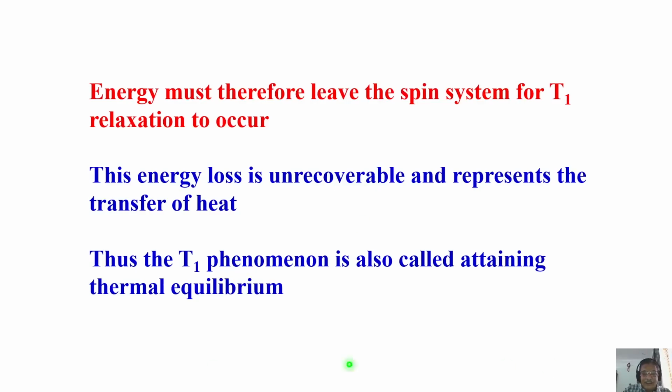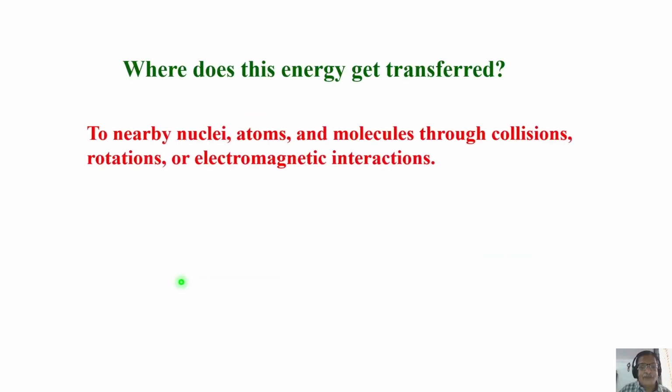That is the reason why the T1 phenomenon is also called attaining thermal equilibrium. Understand it? There is energy loss which is unrecoverable and which represents transfer of heat. So this phenomenon is called thermal equilibrium because of this reason. It gives out energy in the form of heat. Now the question I still have to answer, where does this energy get transferred?